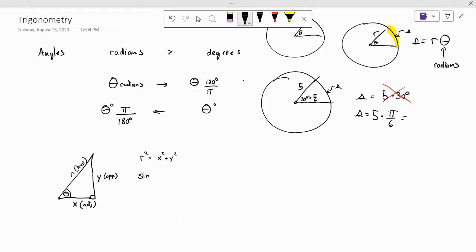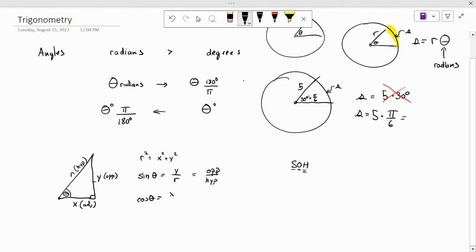Okay. And then sine of that angle is going to be a ratio of the opposite side to that angle and the hypotenuse. So opposite over, I believe there's a word for that, right? There's a way of remembering that, SOH CAH TOA or something like that. So sine is opposite divided by hypotenuse.